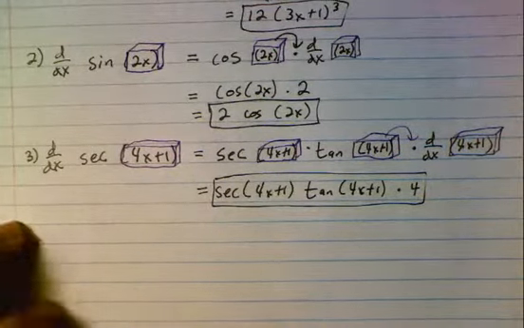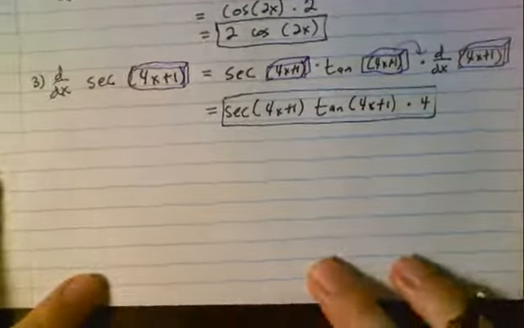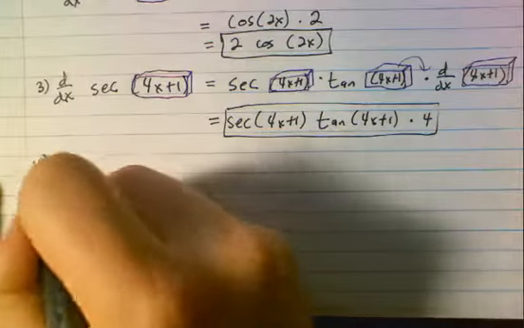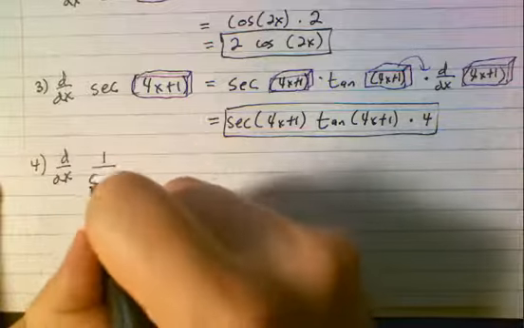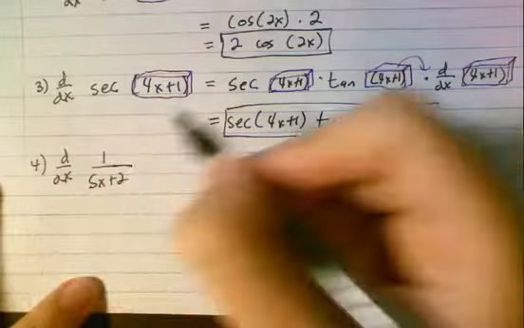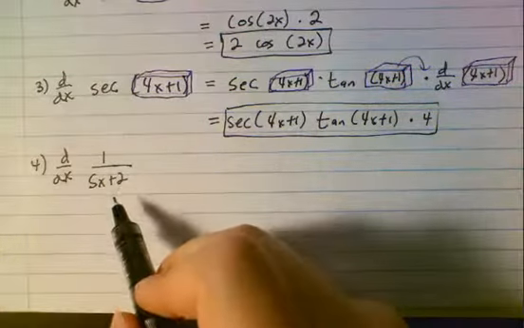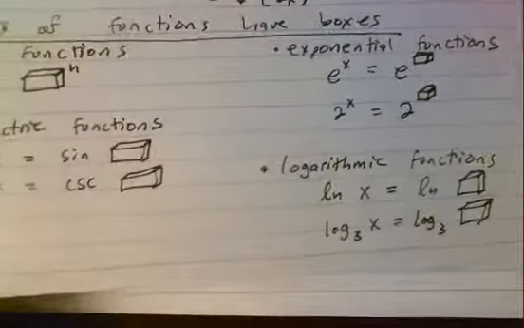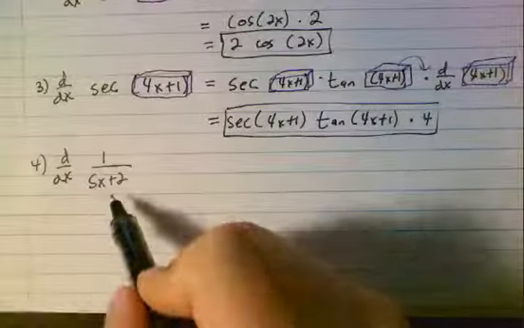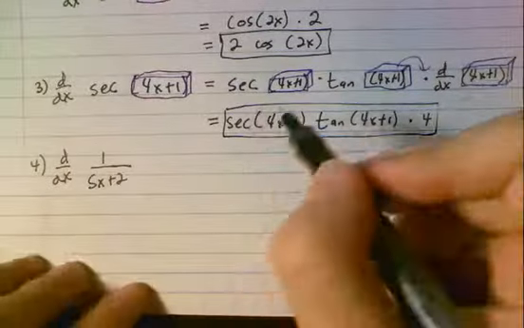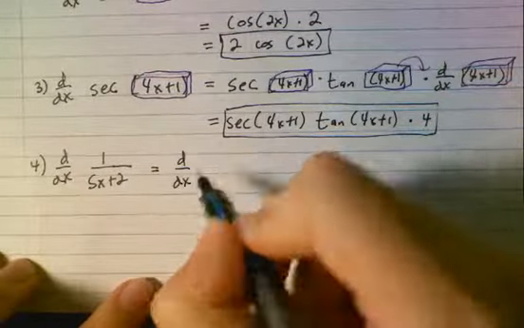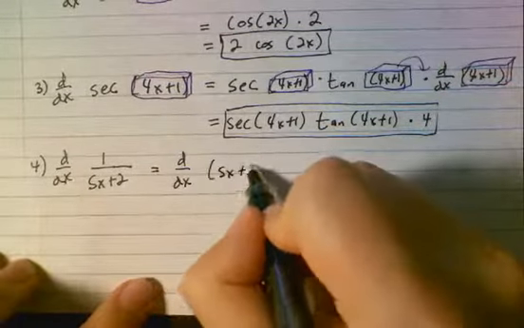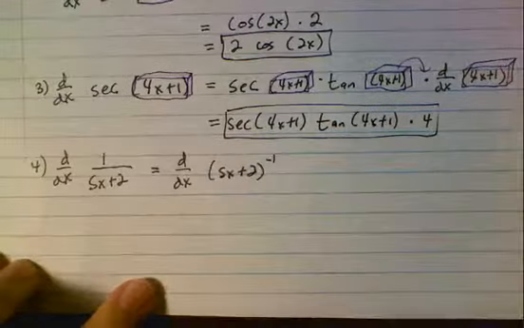The chain rule shows up in some places you wouldn't necessarily expect it. So let's say that we're taking the derivative of 1 over 5x plus 2. Now, this doesn't really look like any of the things on our list. But one of the things that we remember is that if we have something in the denominator, that's the same thing as rewriting it saying we're going to take the derivative of 5x plus 2 to the negative 1 power.